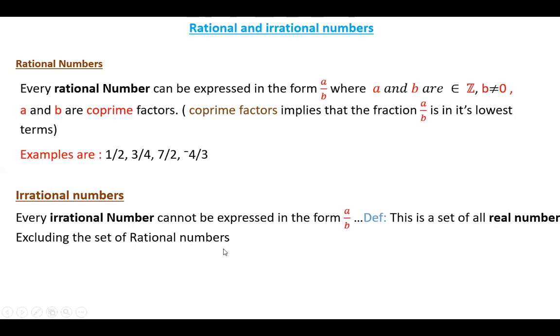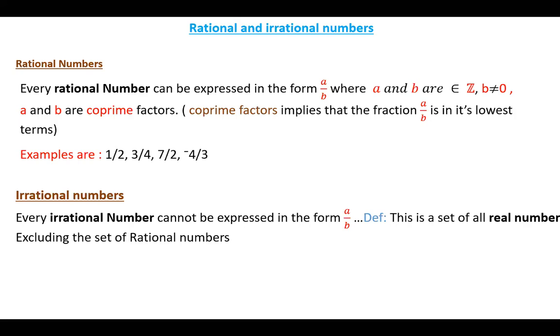So in short, when you take all real numbers and remove the rational numbers, the set that remains will be called the set of irrational numbers.